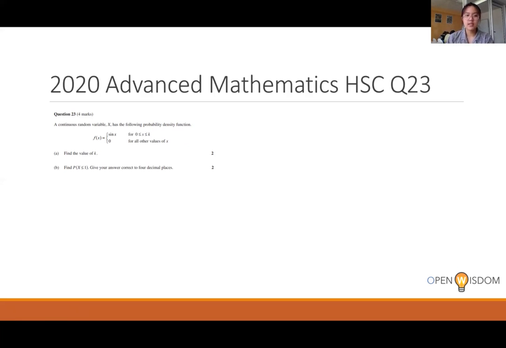Now, this question utilizes the fact that the area underneath all PDFs is equal to 1. Remember, the area underneath a curve is essentially just its definite integral. So if we look at this question here, we have sine x as a valid PDF for values of x from 0 to k.